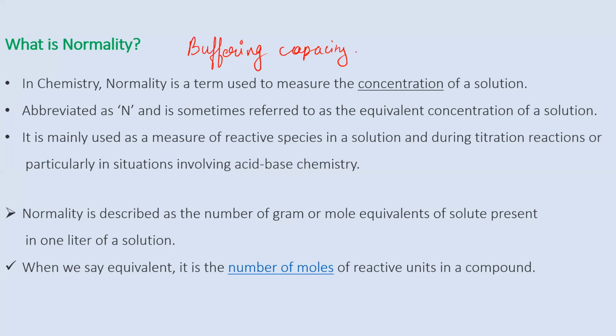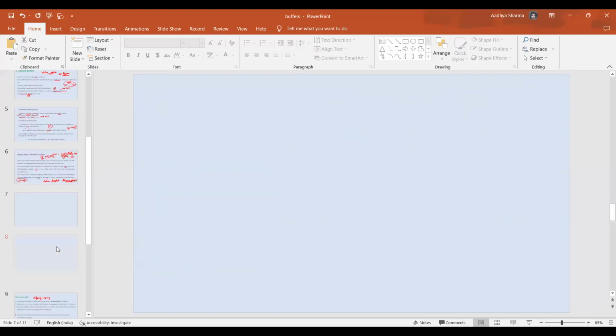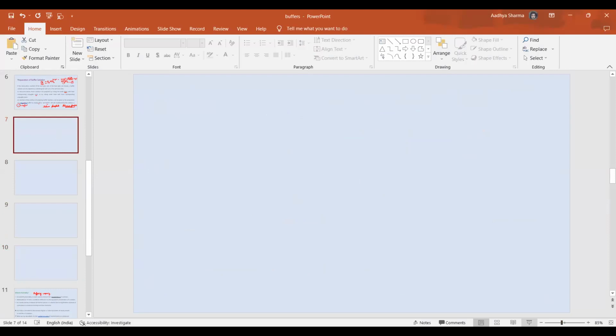So what is concentration? We know that a solution is made up of solute and a solvent. The solute may be in lesser amounts, and the solvent is in higher amount. Solute plus solvent gives you a solution.